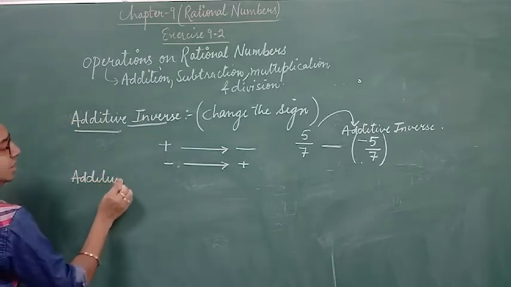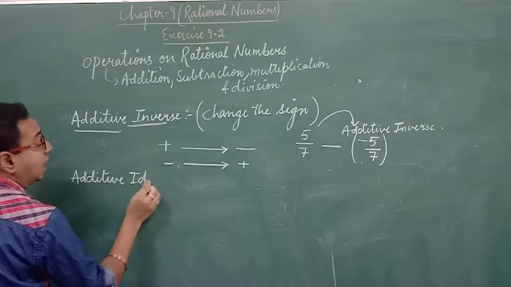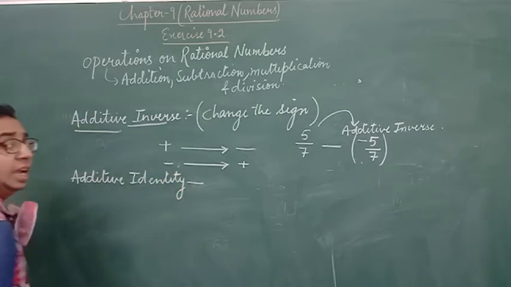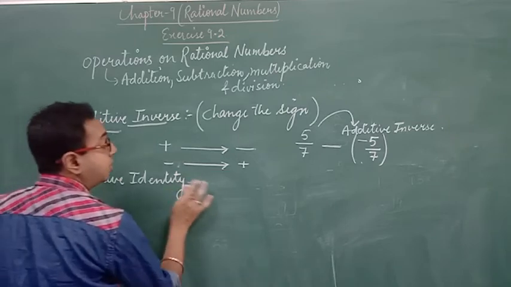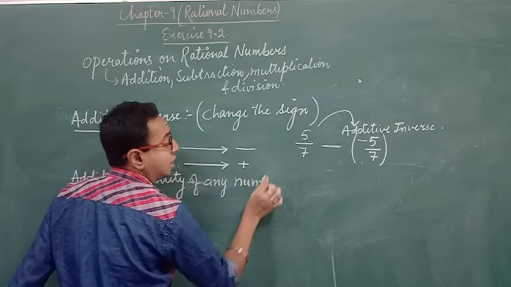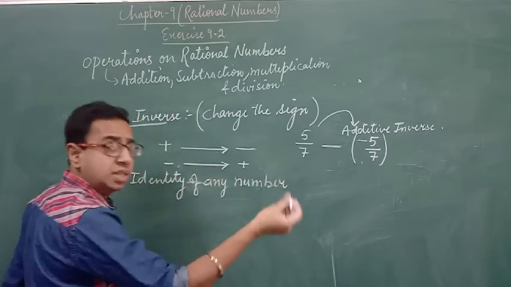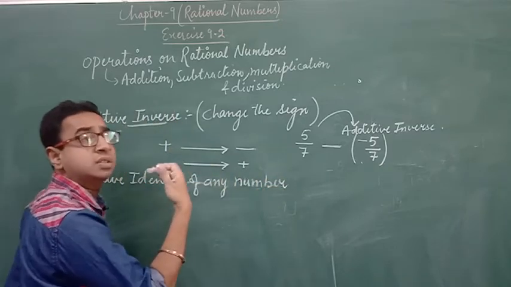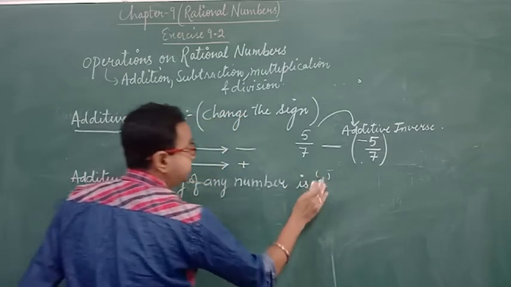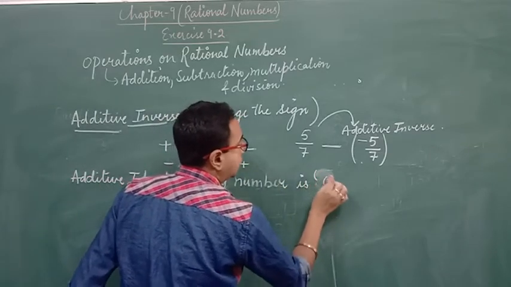Next, additive identity. Additive identity means what shall I add to a number so that I get the same number back. Additive identity of any number is, sorry, not 1, 0. Do remember, we have discussed this in fractions and integers also. Why?